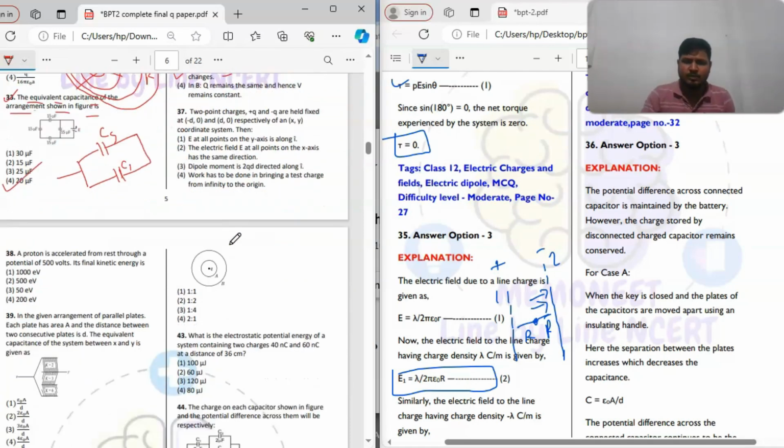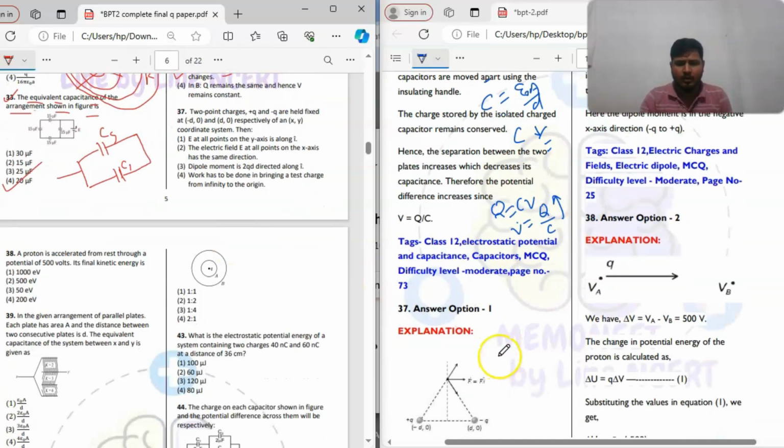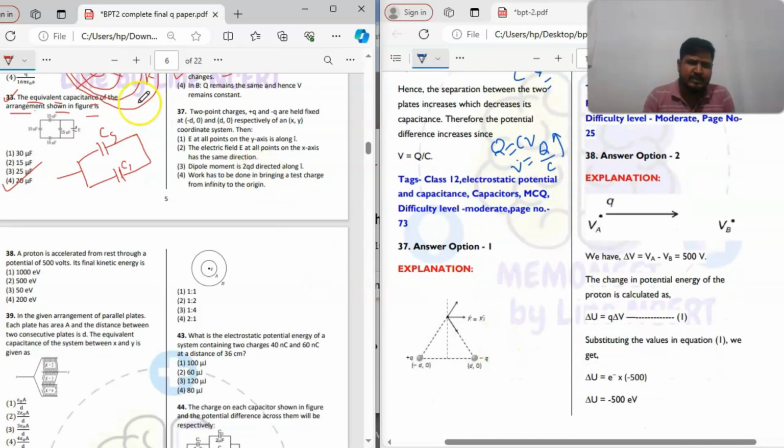Now move to question number 37. Two point charges plus Q and minus Q are fixed at minus d comma 0 and d comma 0 respectively of an xy coordinate system.